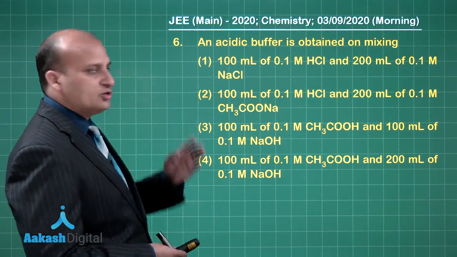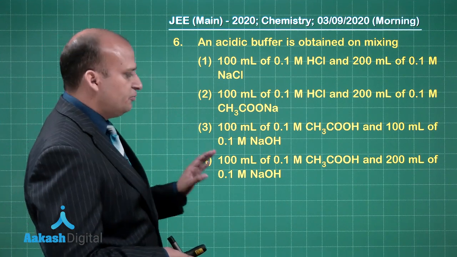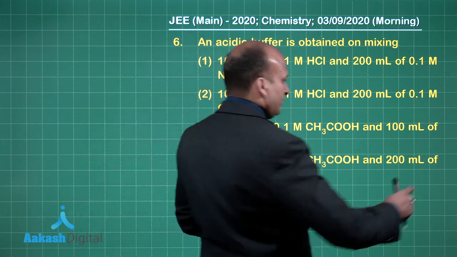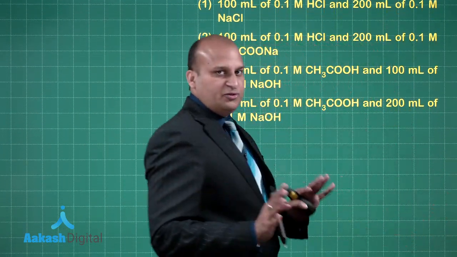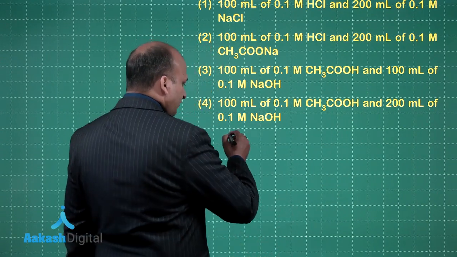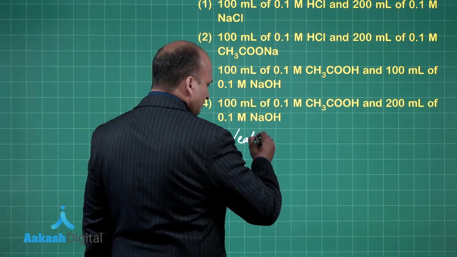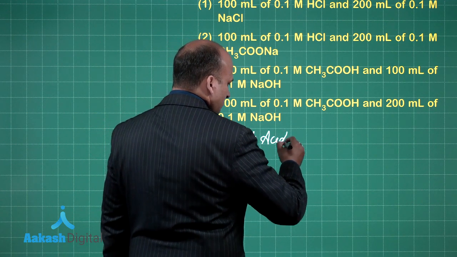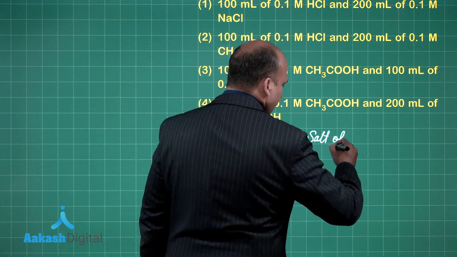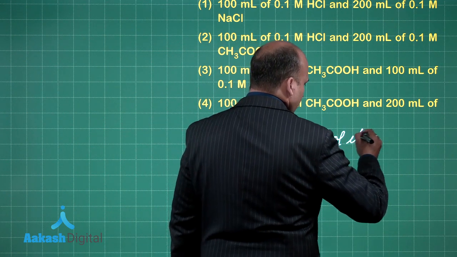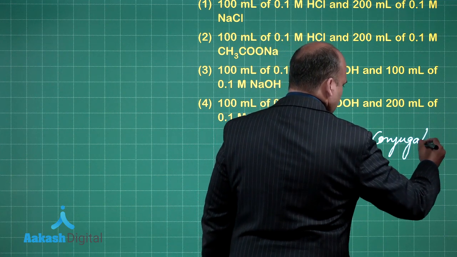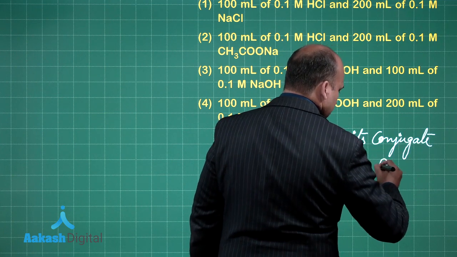An acidic buffer is obtained on mixing. Now before we go to the solution of it, let me just again write down the concept which we require to solve this. An acidic buffer requires a weak acid plus the salt of its conjugate base.